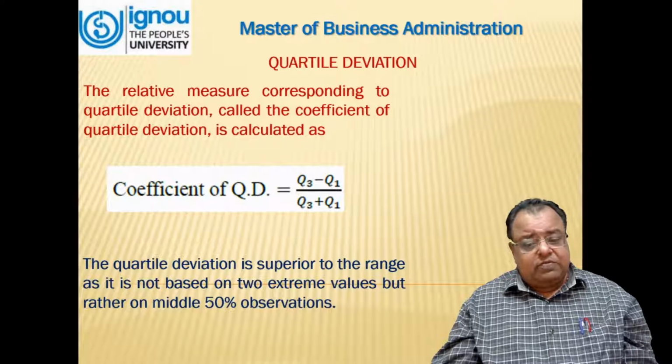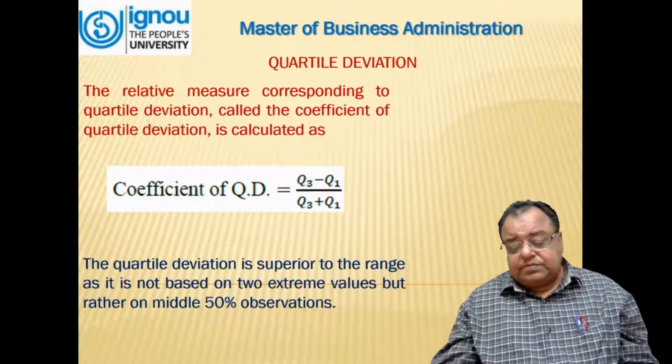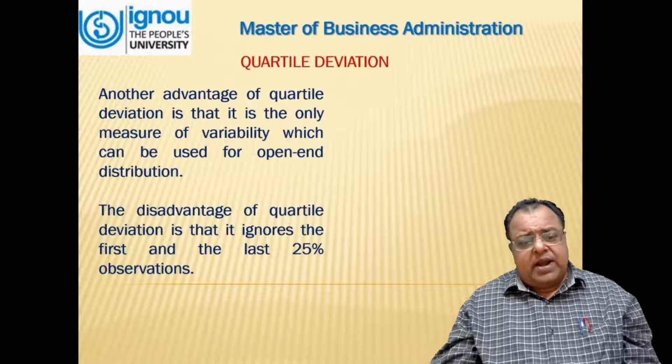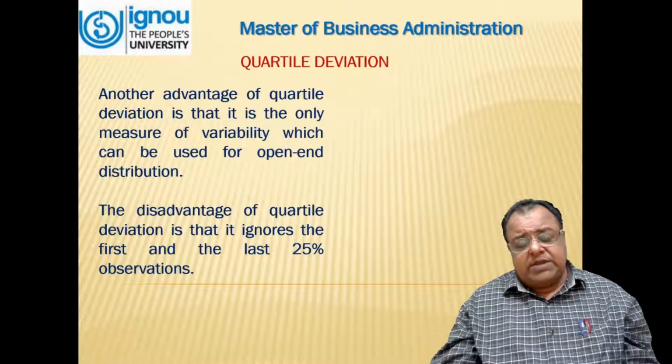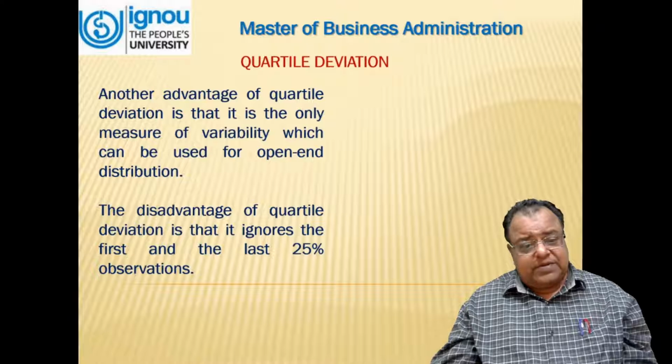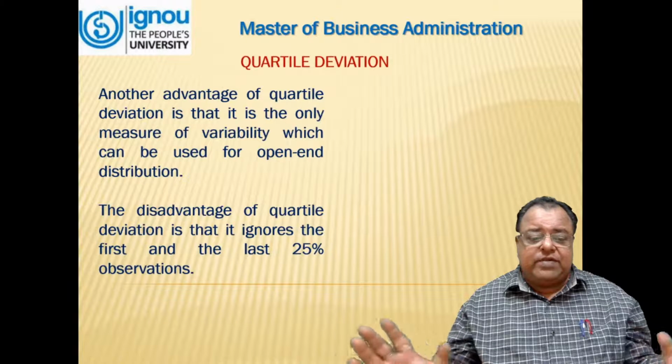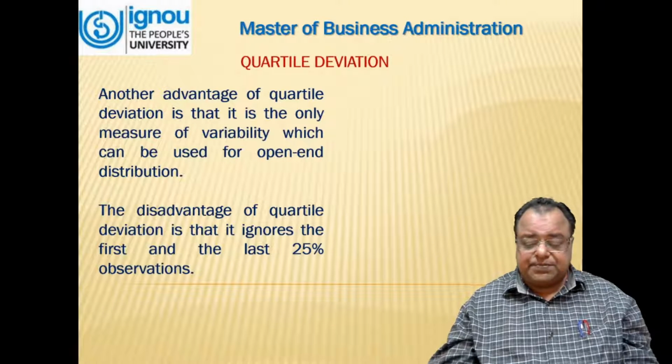Quartile deviation is superior to the range and is not based on the extreme values, but rather on 50% of the observations. Another advantage of quartile deviation is that it is the only measure of variability which can be used for open-end distribution. The disadvantage is that it ignores the first and the last 25% of the observations.